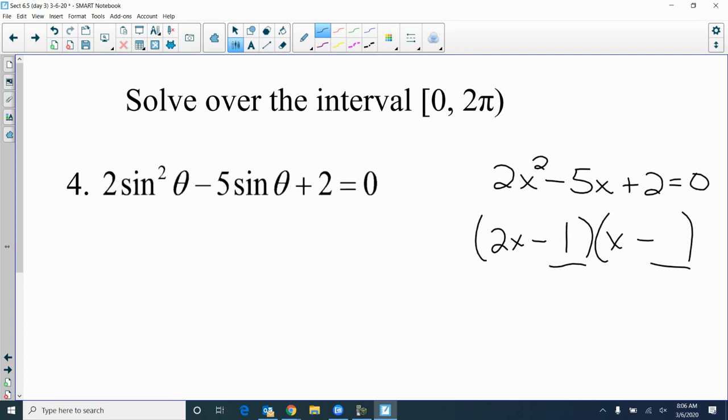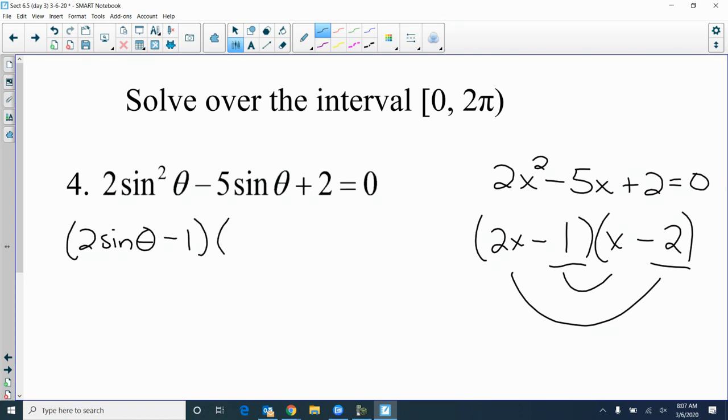If we try 1 and 2 and check with FOIL, you get -4 and -1. It gives you -5. Now I just take the x out and put in a sine: 2 sine theta minus 1 times sine of theta minus 2 equals 0.